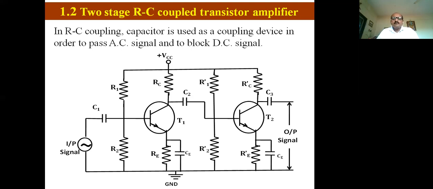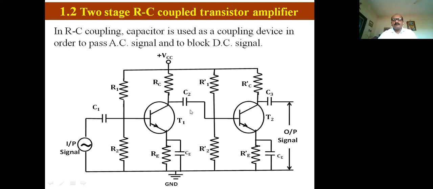This question is asked for 7 marks. How can we draw the diagram? Initially we draw the first single stage amplifier circuit. It is connected to the second stage of the amplifier through a coupling device, C2.